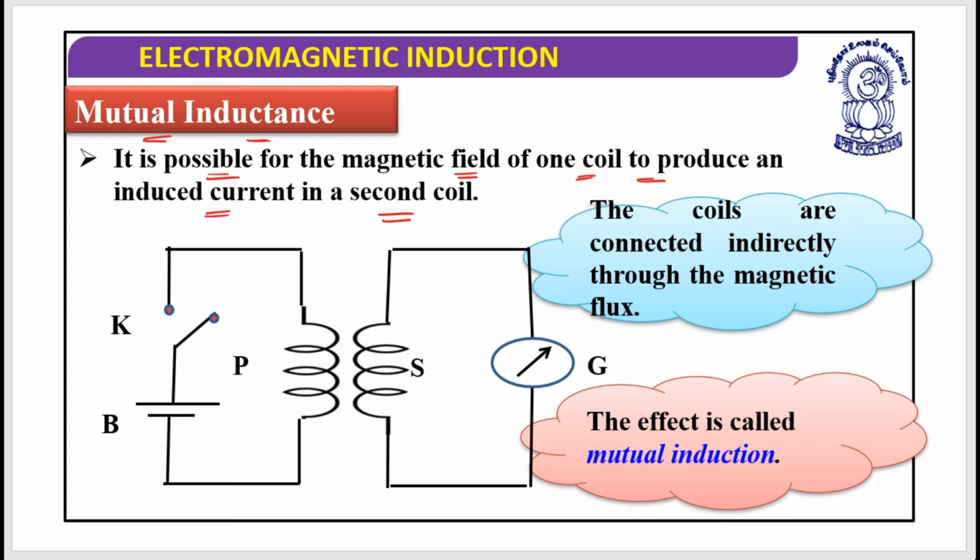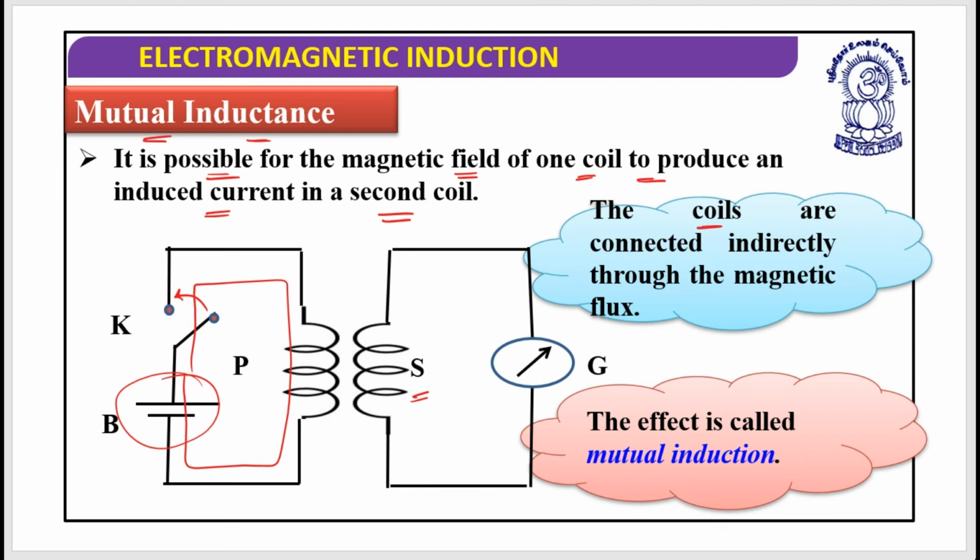Now in this situation something different happens. Let's suppose I close this key, and as it is connected with the battery, a path is completed and current flows through this. But if I change the current somehow, then an induced current appears in the second coil. This is what we call mutual inductance.